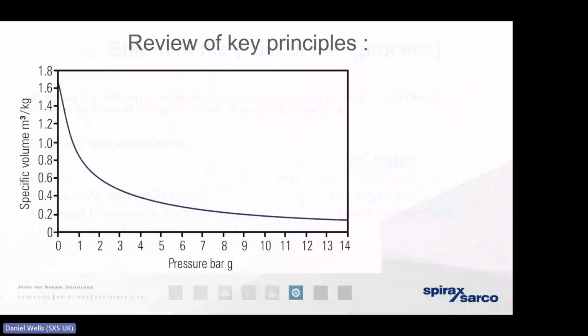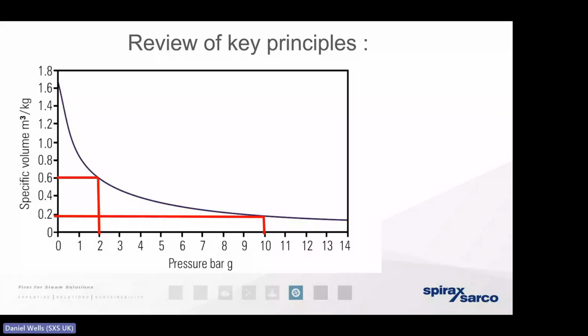Now, the slide I'm showing at the moment, we've gone through previously. It really shows the effect of how we're able to generate steam under pressure, thereby reducing its volume. But of course, if the pressure of the steam falls, then we need to ensure that we size the infrastructure to allow for the volume that that mass of steam is going to exist at.